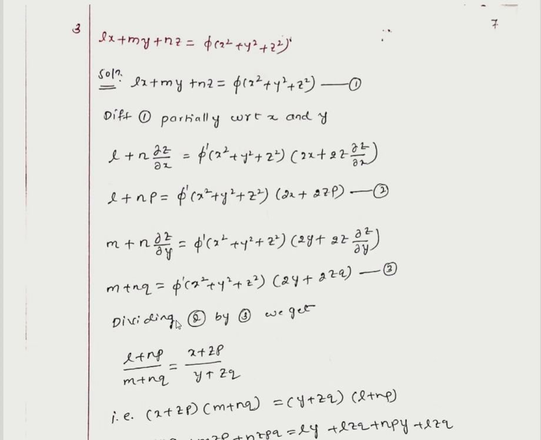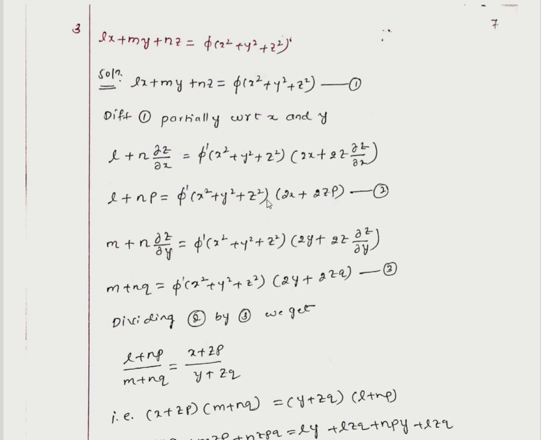Next, dividing equation 2 by equation 3. Therefore here (L + np) divided by (m + nq), 2 divided by 3, that is equal to, here the same term in 2 and 3 gets cancelled, we get only (2x + 2zp) divided by (2y + 2zq).